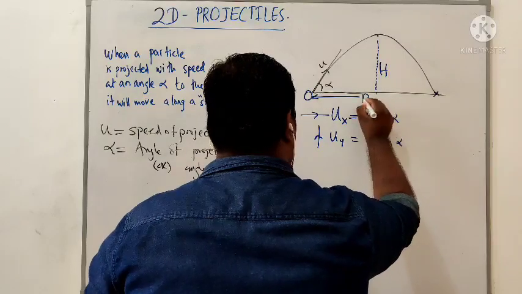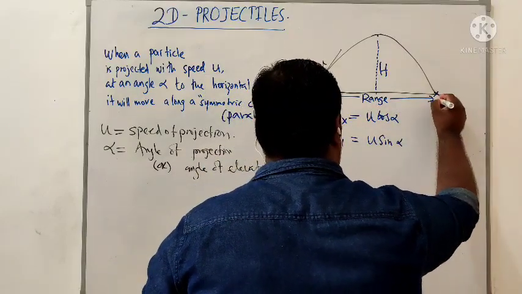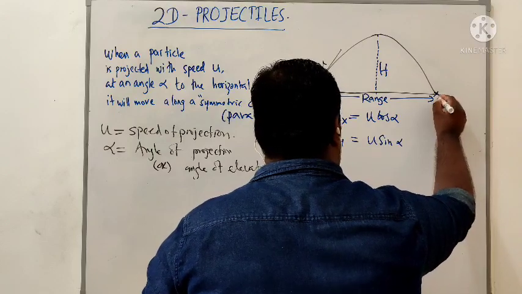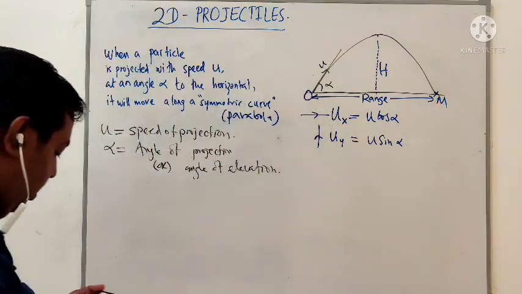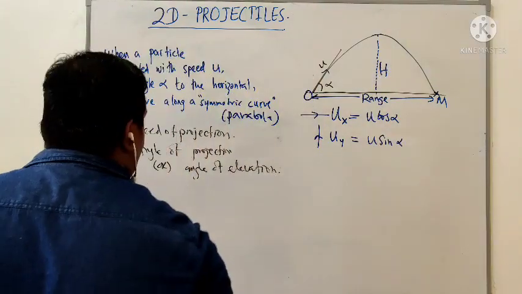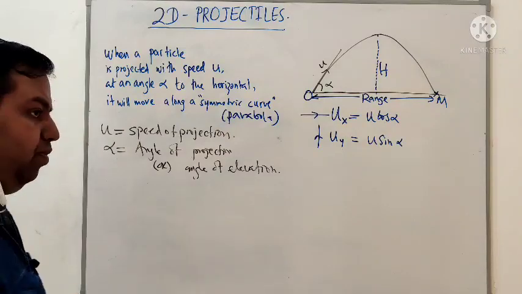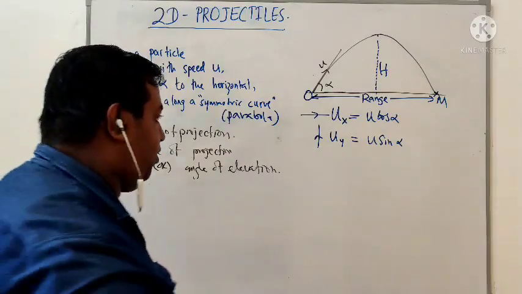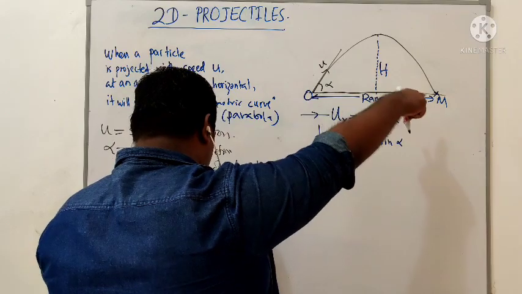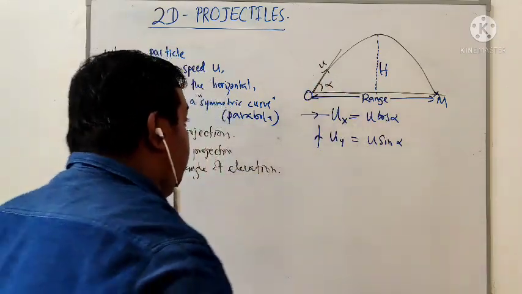this horizontal distance from here to here is called the range. Let's say some letter, okay, M. O to M is the range, and the greatest height I marked here, h, right? Now the time the particle takes to move from its point of projection to the point where it strikes the horizontal plane is called the time of flight.